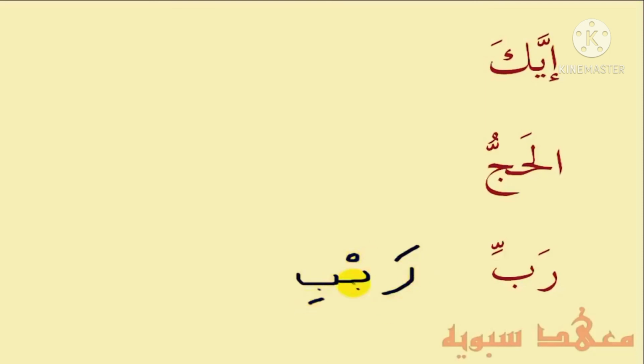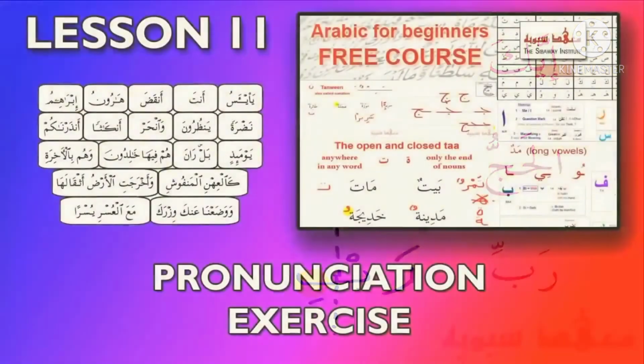So it's Rabbi. So you notice actually that a shadda will always give a new syllable to the word, because the new syllable starts here. It's in between the first and the second letter that has the shadda. So that's briefly about the shadda. Walhamdulillahi Rabbil Alameen.